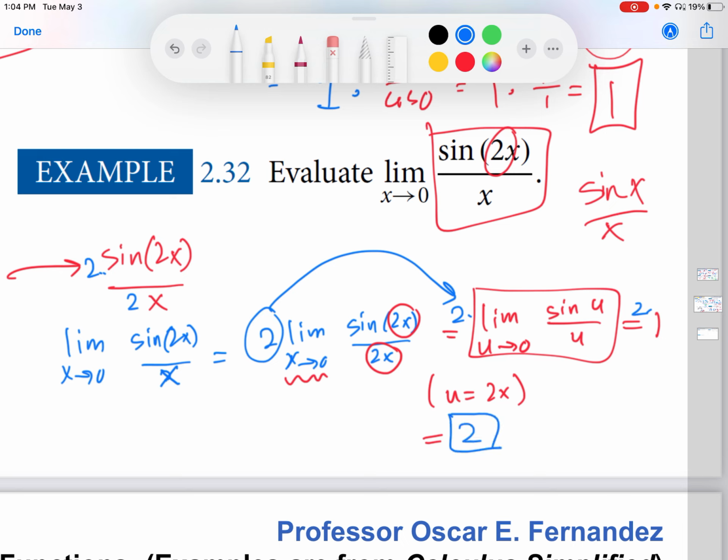Again, you might not have thought to try this in the beginning, but notice what we did. We just multiplied by 2 over 2, which is just multiplying by 1. And then we pulled the 2 outside, and then what we were left with, we thought about it for a minute and said, hey, the argument of sine 2x is going to 0, and it's the same thing that's downstairs, that's going to 0.